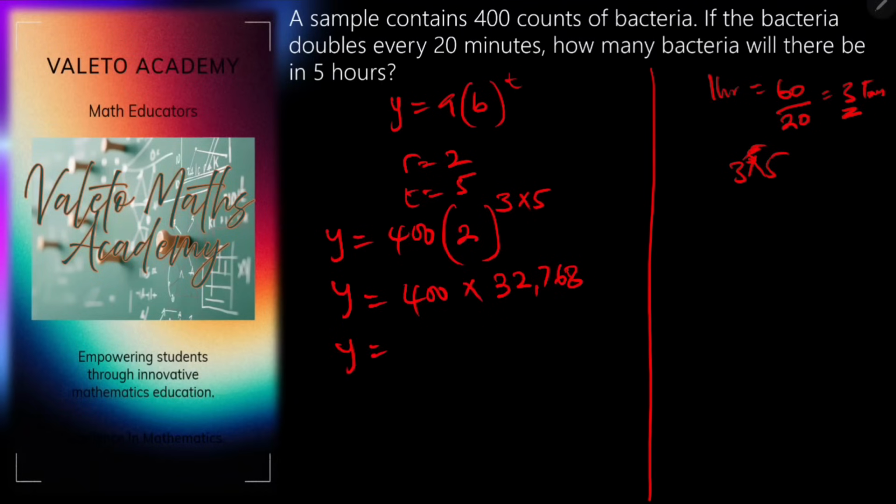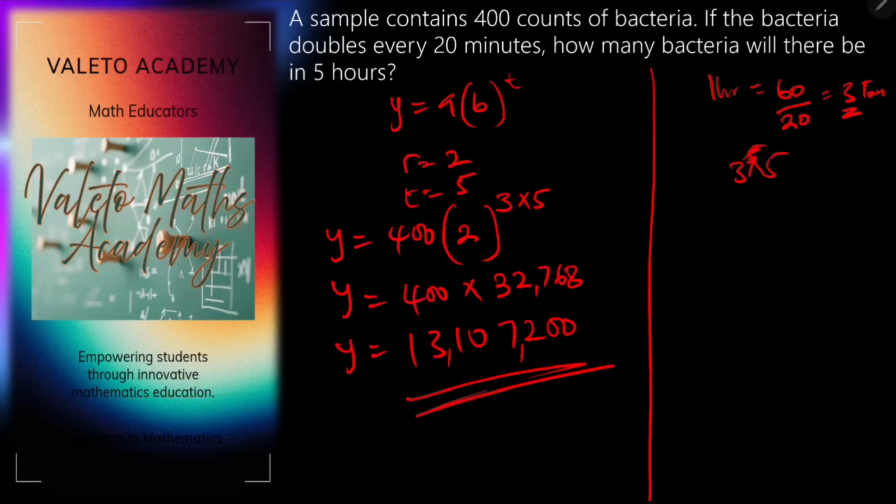After 5 hours, we're going to have this number of bacteria in just 5 hours. Okay, so 1, 2, 3. So we're going to have 13 million bacteria, 13,107,200 bacteria in 5 hours.